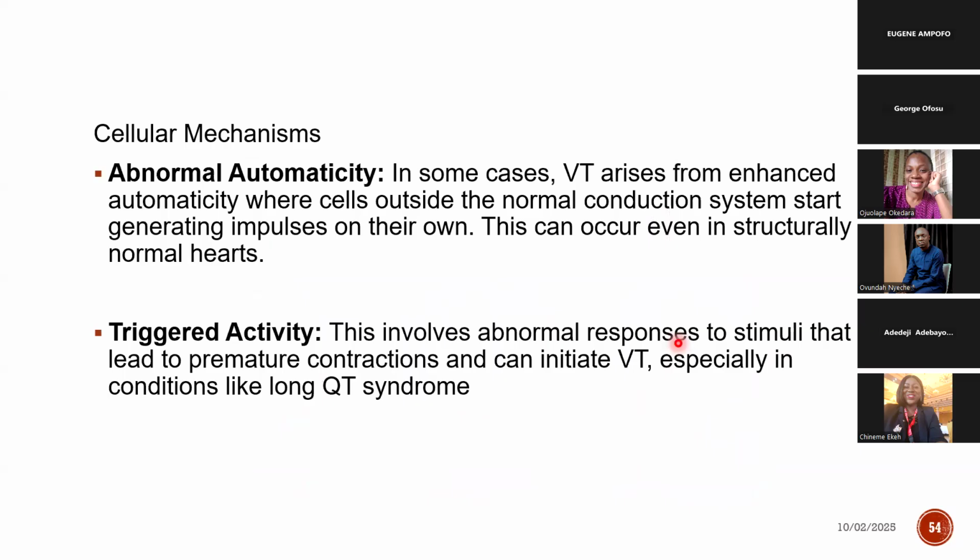And we have abnormal automaticity. In some cases, VT arises from an enhanced automaticity, where the cells outside the normal conduction system start generating impulses on their own. This can occur even in structurally normal hearts. Triggered activity involves abnormal responses to stimuli that lead to premature contractions and can initiate a VT, especially in conditions like long QT syndrome.